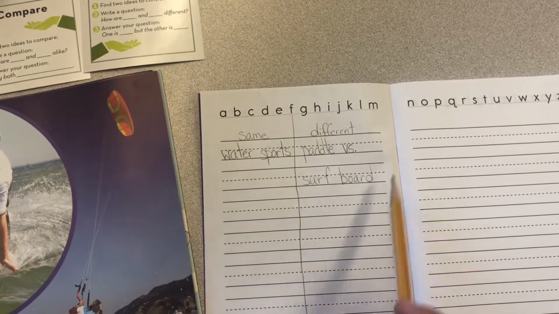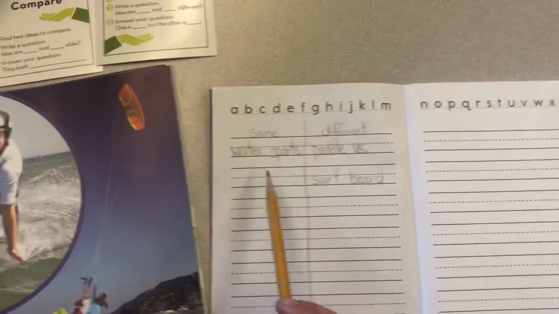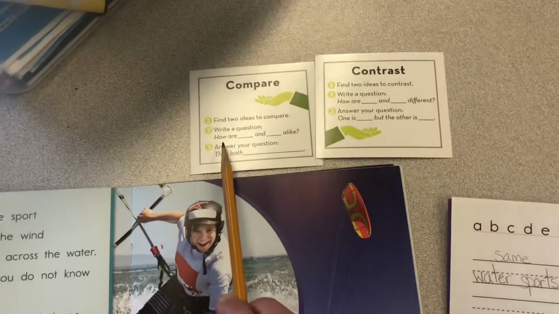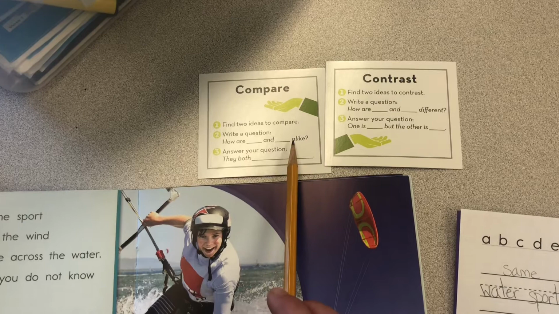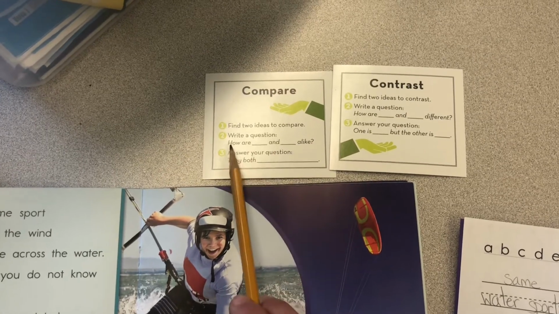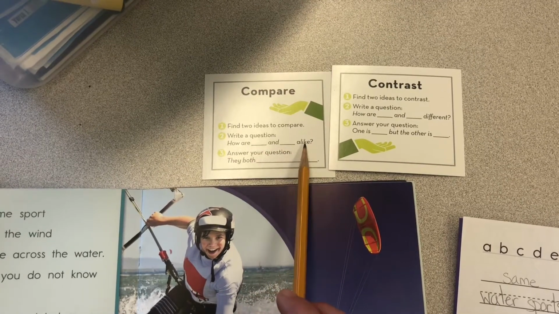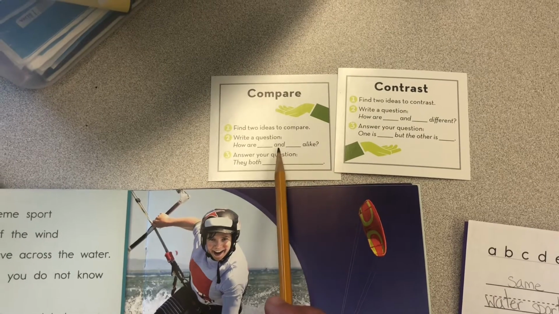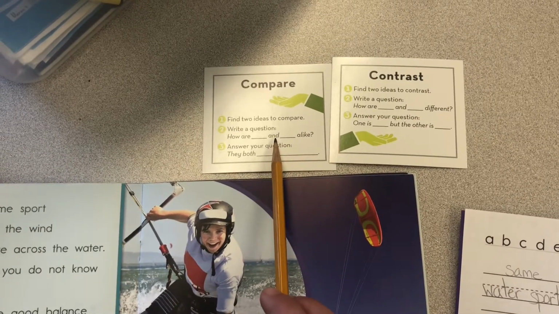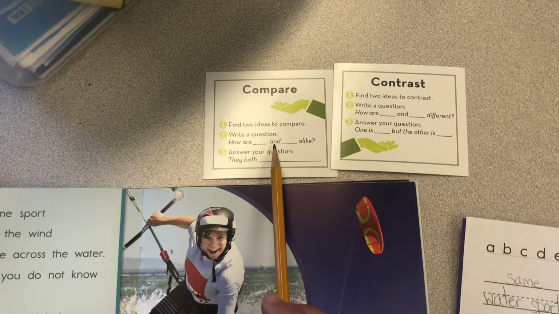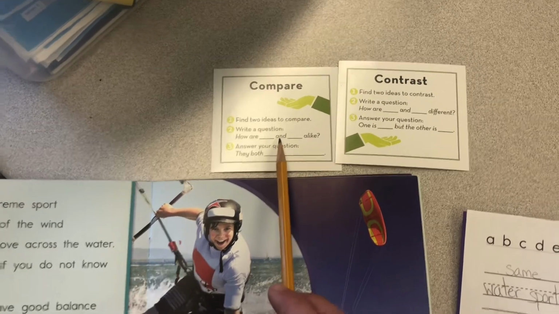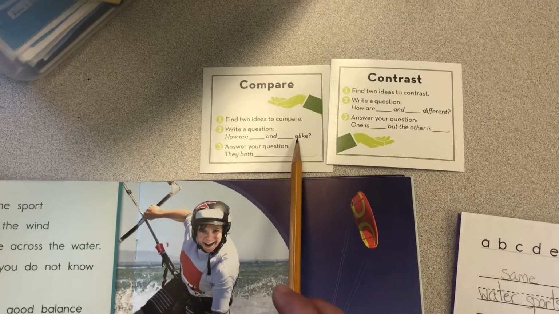Now that I've organized that information, let's go up here to compare and plug those into a sentence because we need to write a question. How are blank and blank alike? What would our sentence say? Yes. How are kayaking and kite surfing alike?